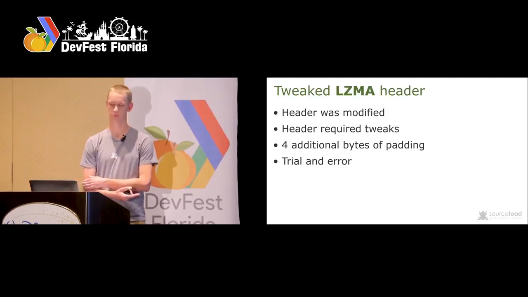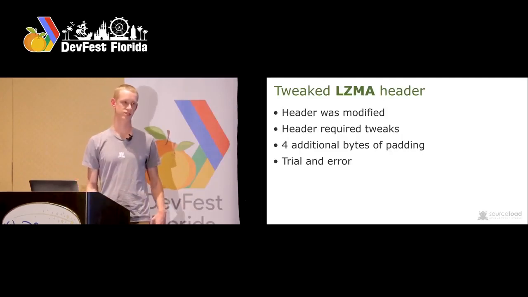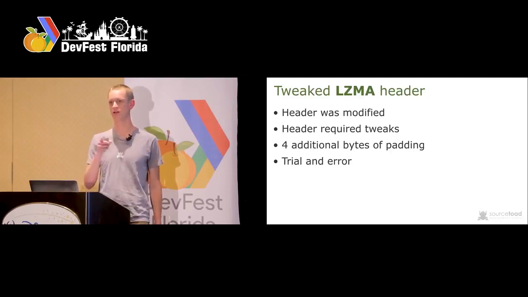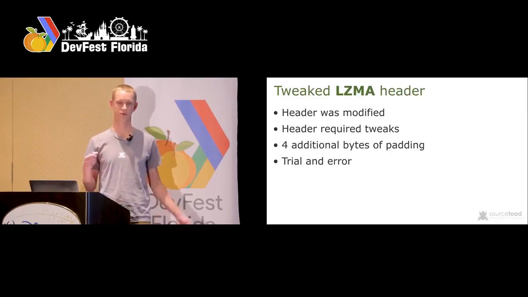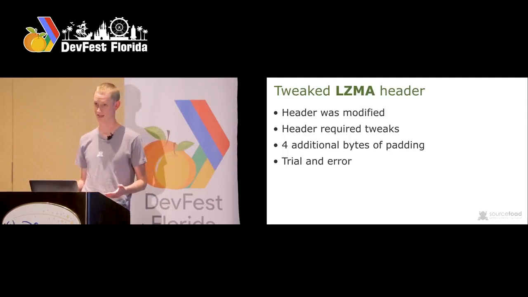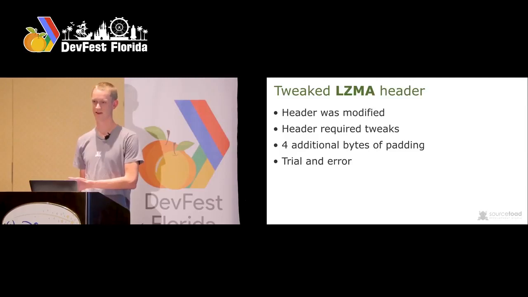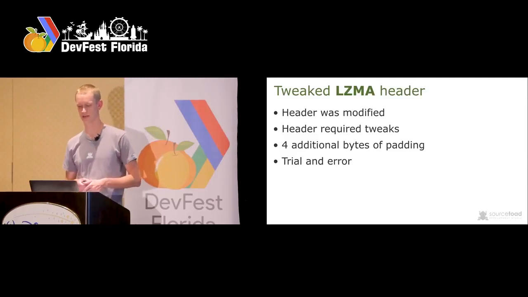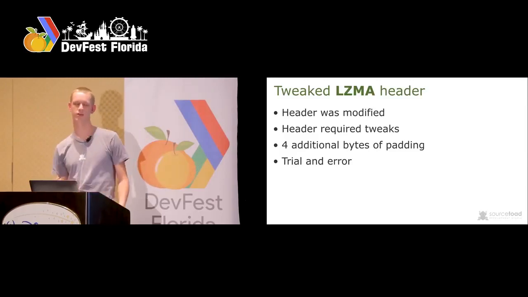So what I did was, it was pretty ugly. I opened up the LZMA spec sheet, looked at it, and then looked at what I was looking at in a hex editor and realized, oh, they are missing some bytes in this header. They're probably modifying it to break tools, because no one's going to rewrite LZMA. They're going to use it, but they might tweak the header to throw off reverse engineers. So I looked at the header and I was like, okay, they're missing 4 bytes. This is child's play.